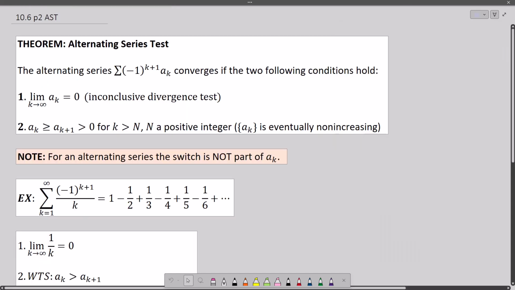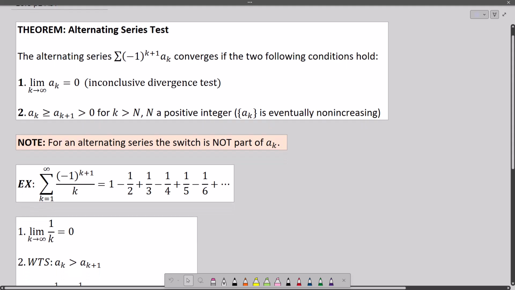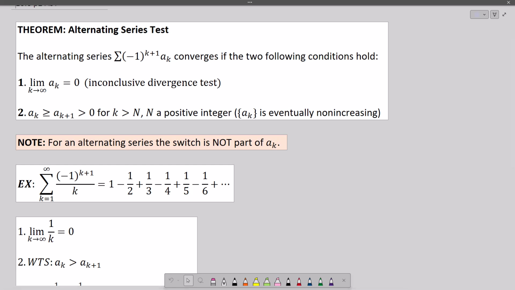That leads us to a very simple test called the alternating series test. You will be shocked at how simple this test is. If we have an alternating series, we have two pieces to it: the alternating part, and the a sub k part.